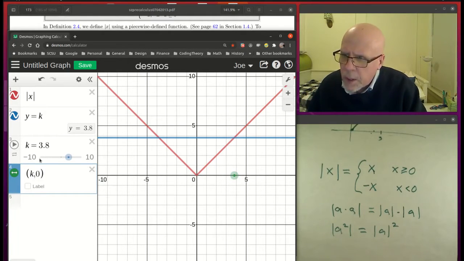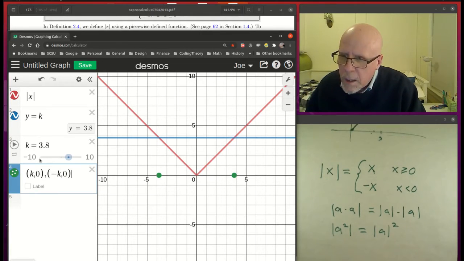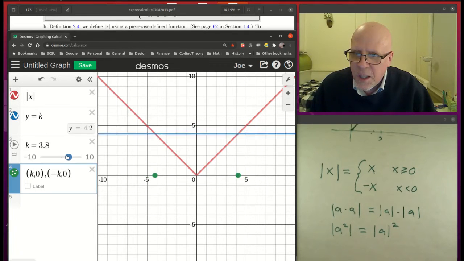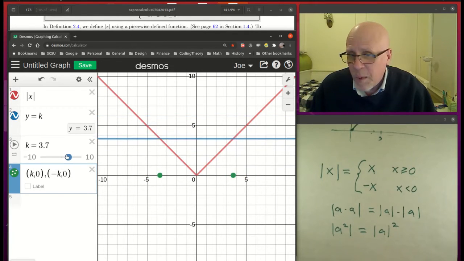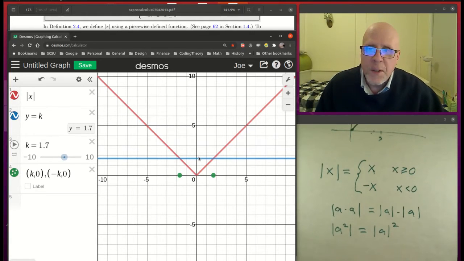Is it okay to write a second point in here? Yeah, it is. Oh, that's fun. So now I've got two green points. And if I change the slider, those guys go in and out. One of them's positive, one of them's negative. That's kind of how you deal with absolute values.